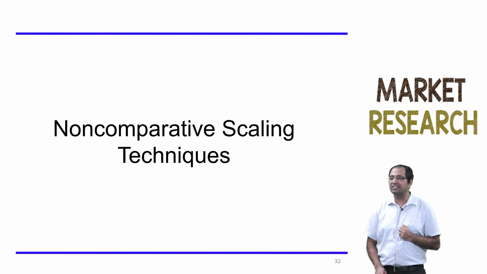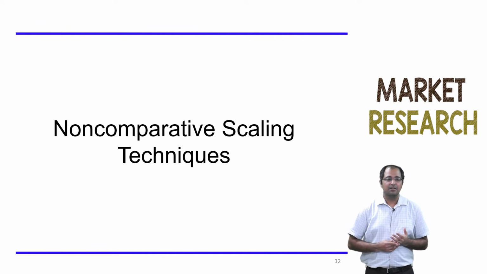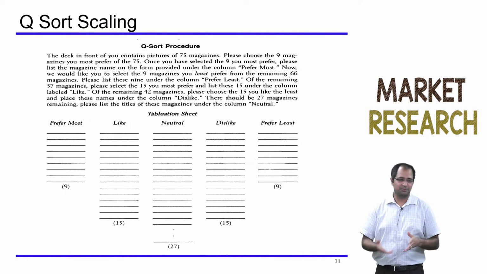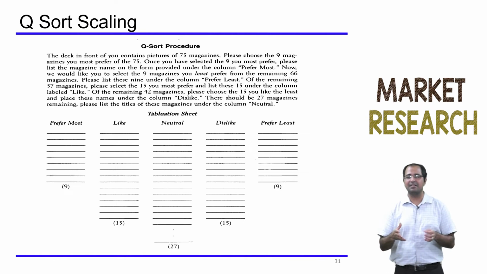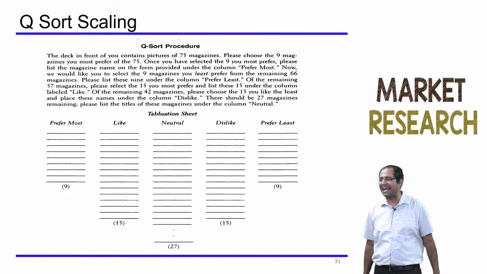Now let's move to non-comparative scaling. Q sort, not much. You can read some of the things on your own. That's why I did not discuss Q sort. Q sort is used when there are a large number of objects and they have to be placed into buckets based upon how they vary in terms of a characteristic.